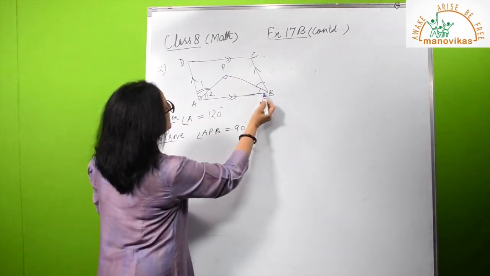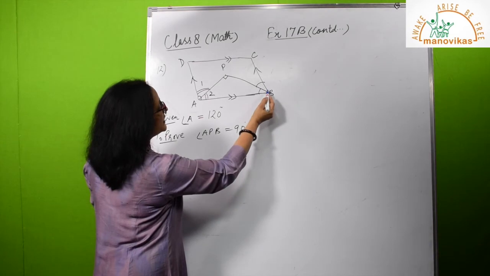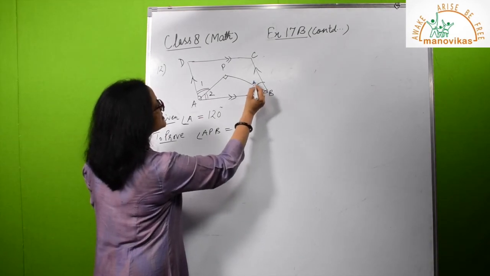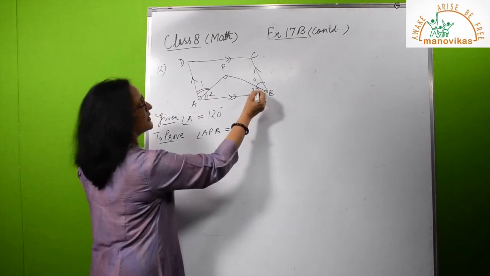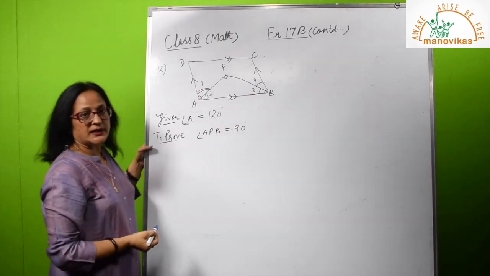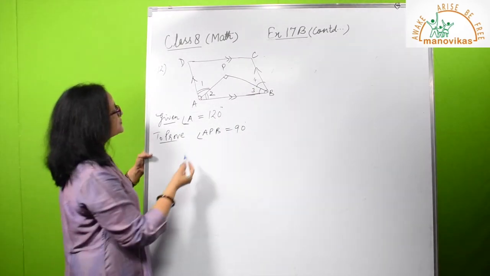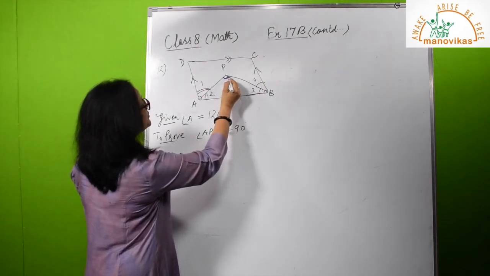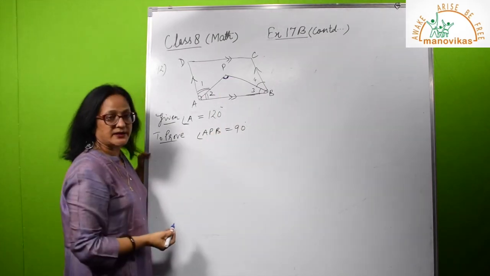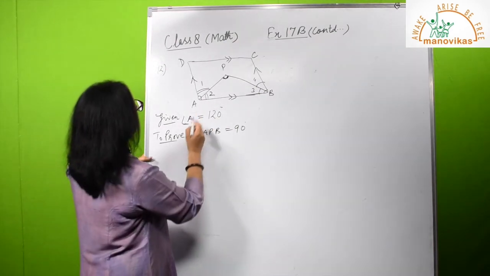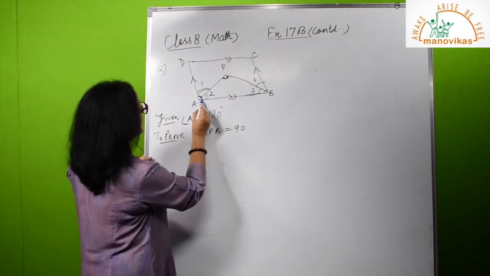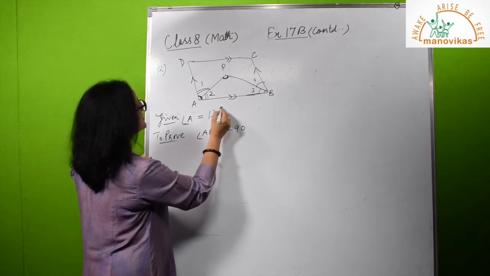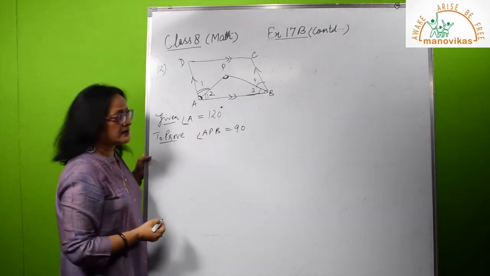Similarly, PB is the angle bisector of angle B. That means this is 3 and this is 4, and 3 and 4 are equal. These are angle bisectors. You have to prove that angle APB equals 90 degree. Also you are given this total angle A measure is 120 degree.